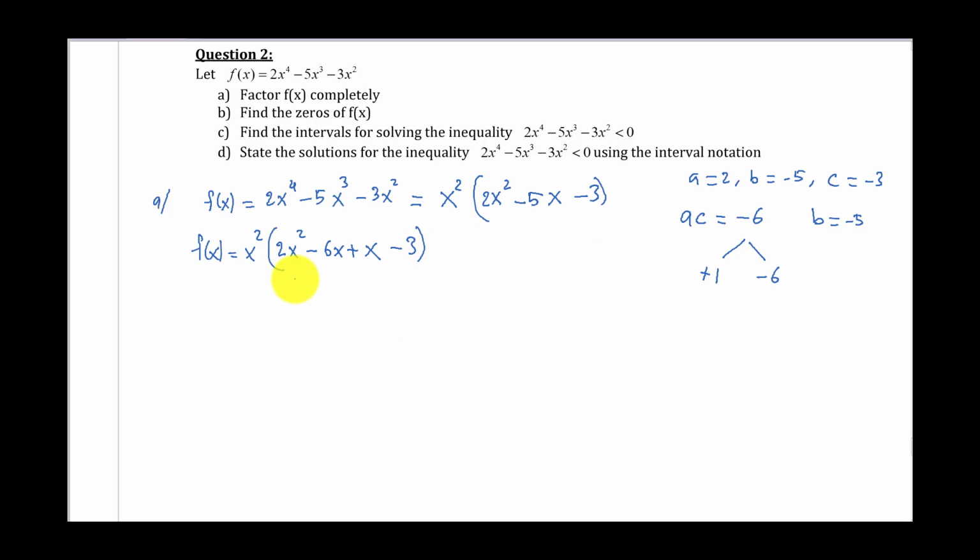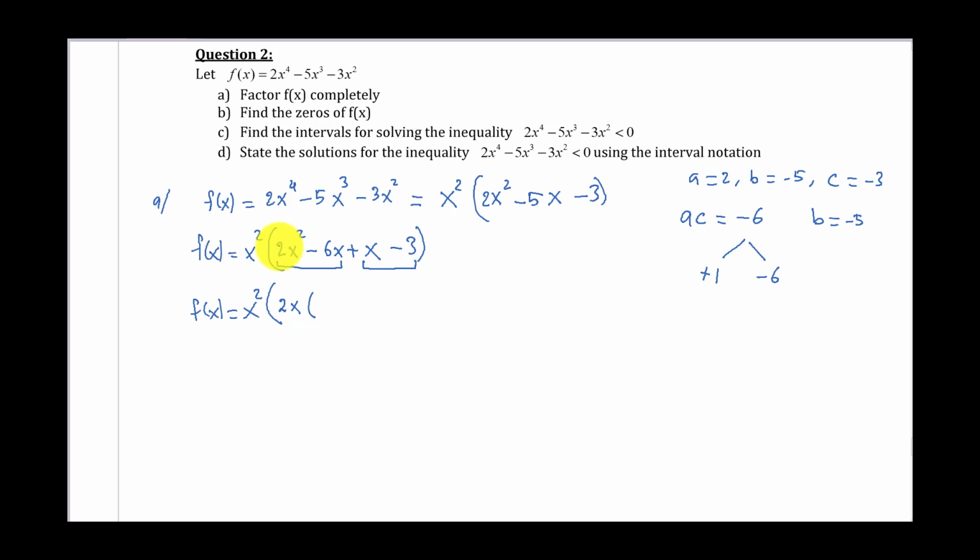And now I can factor this by grouping. I can group the first two terms and the last two terms together. Make sure you keep the x squared again. Between the first two terms, I see that they have a common factor of 2 and also x. So I can pull out 2x from the first two terms.